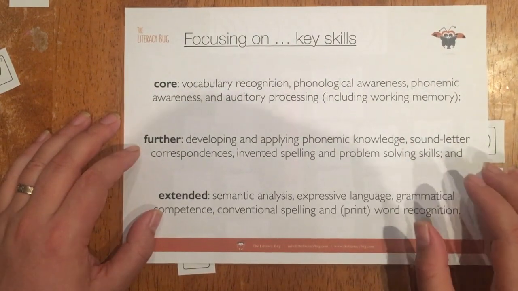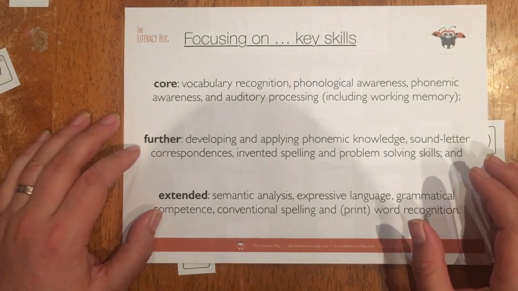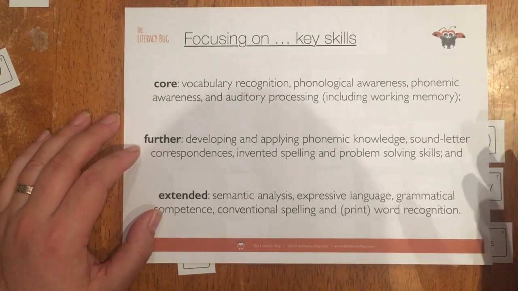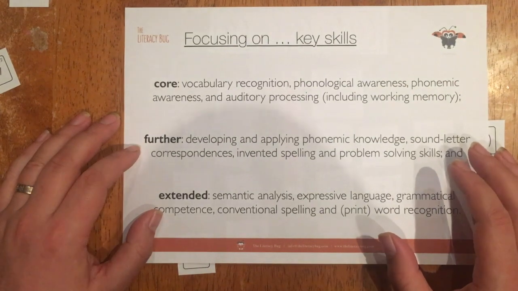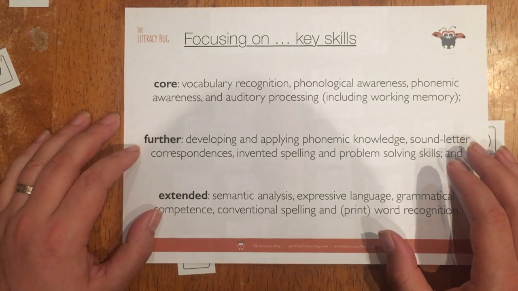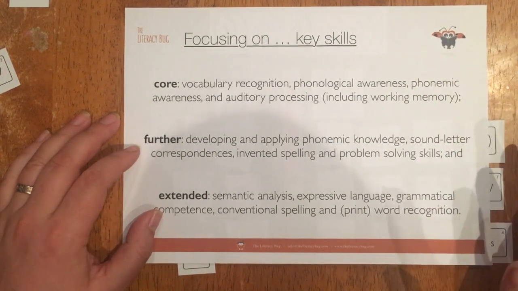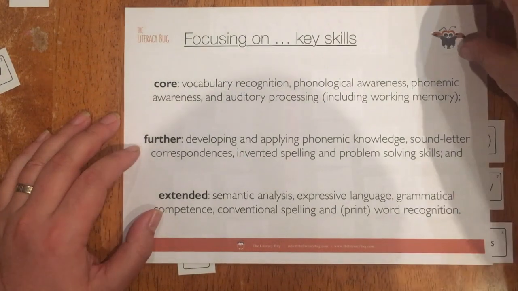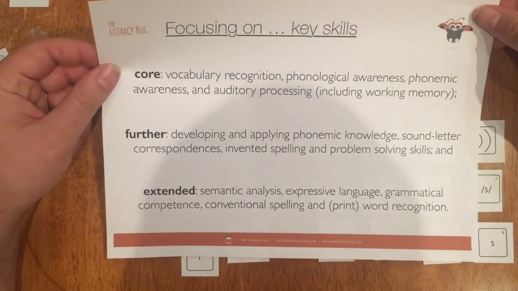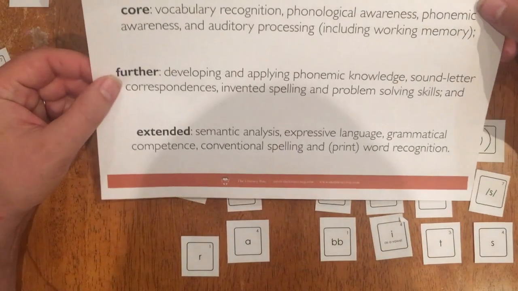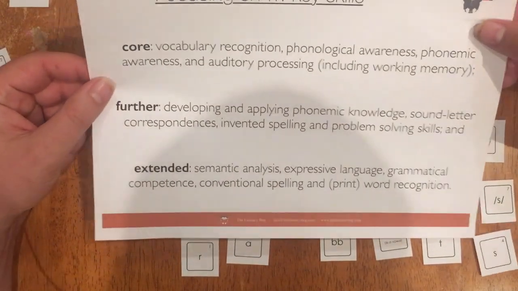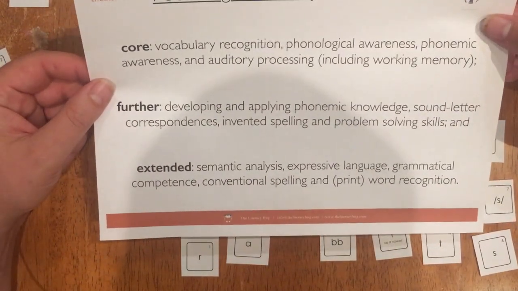They learn to use invented spelling, to try out, to take risks, and to use their emerging knowledge of the alphabetic principle to have a go. And they use their problem-solving skills to be able to spell out words that they know in their oral language and that they could try out in their written language.